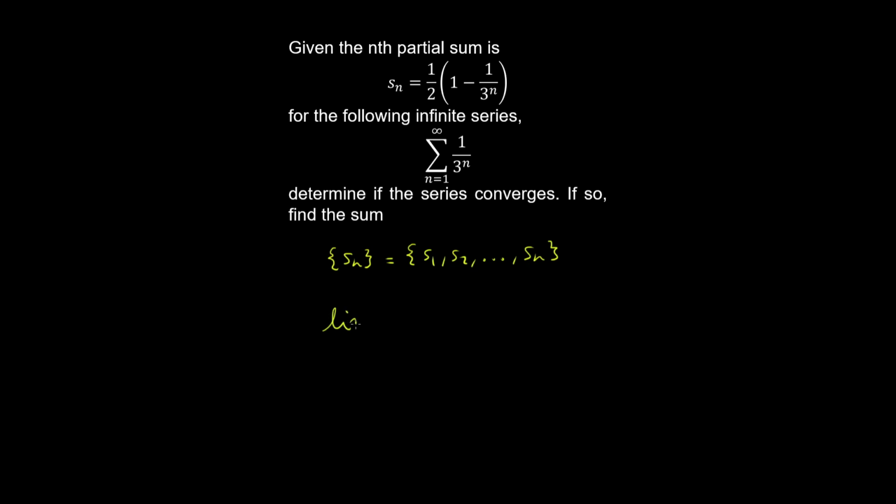And what we do is take the limit of the sequence of partial sums by taking the limit of the rule describing this sequence of partial sums. And as n goes to infinity, we can observe that this term disappears, and the limit evaluates to 1/2, which is effectively the sum of this series.